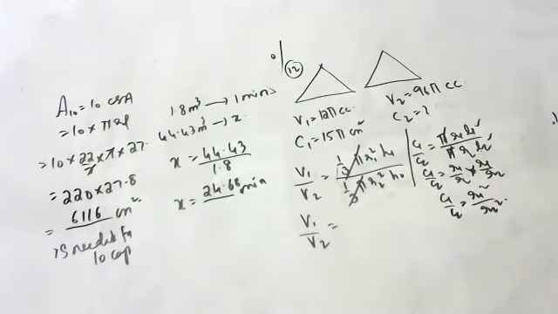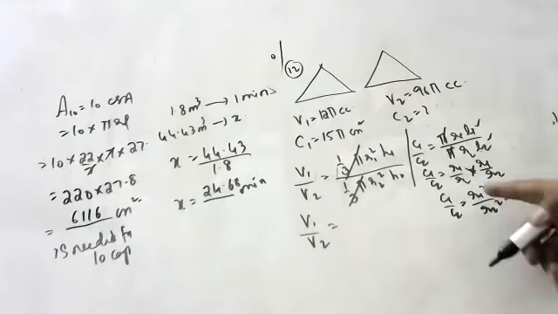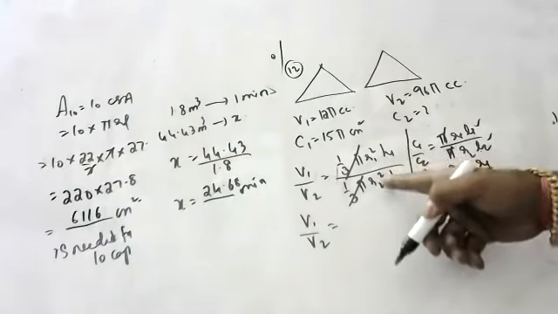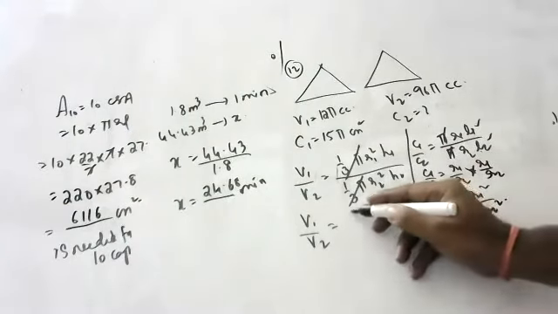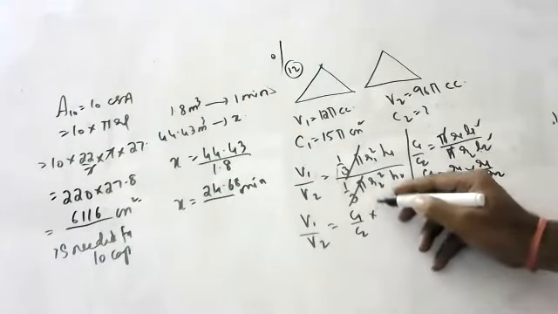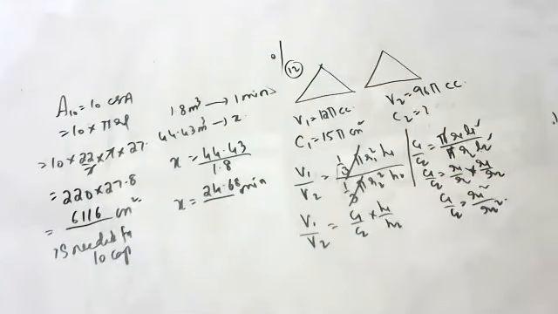You should not get confused, children. So instead of R1 square and R2 square, I will write C1 by C2 into H1 by H2. Children, are you able to understand?